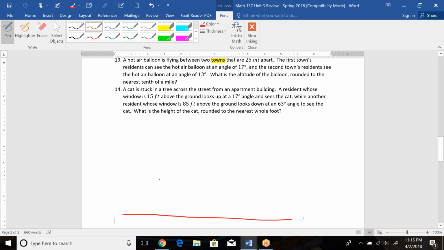So we have a ground level and we have a tree. We have a cat stuck in a tree. We have an apartment building across the street.